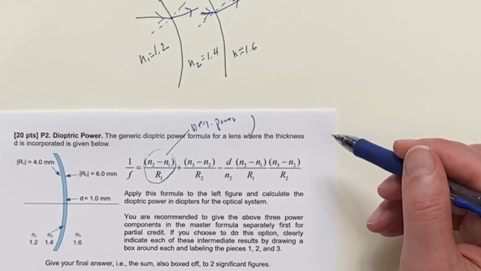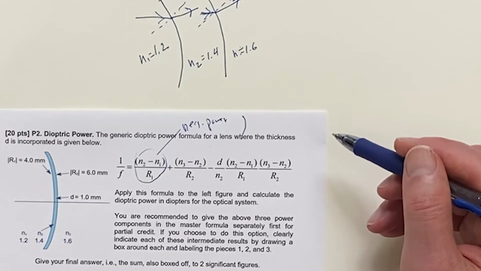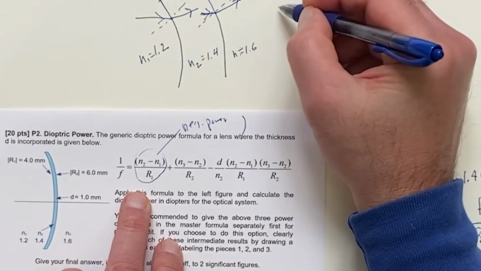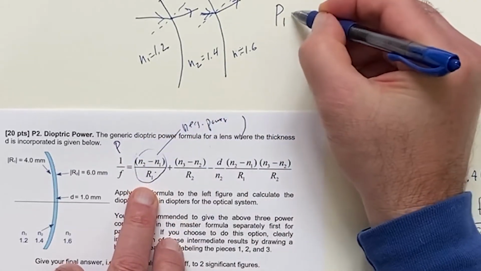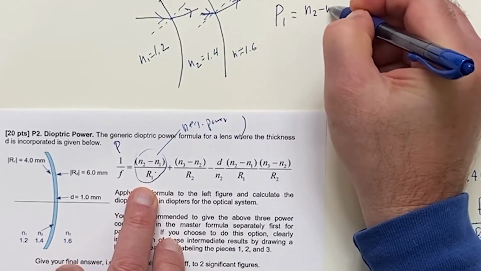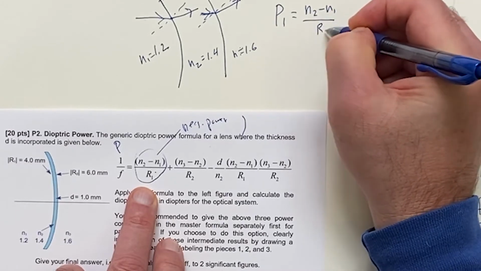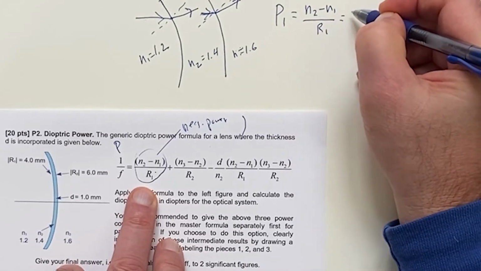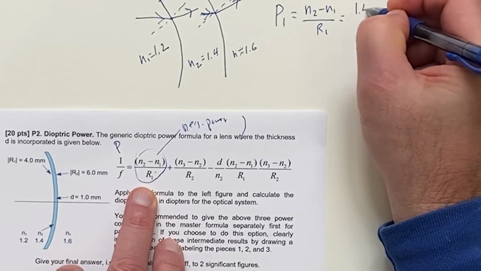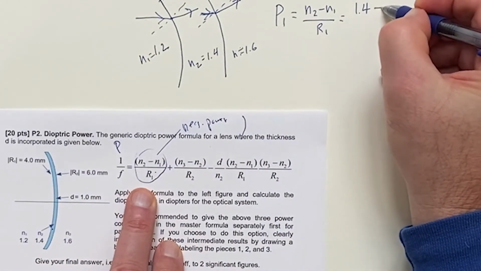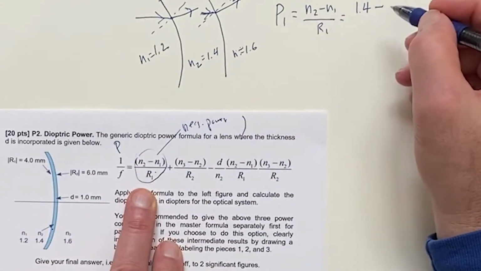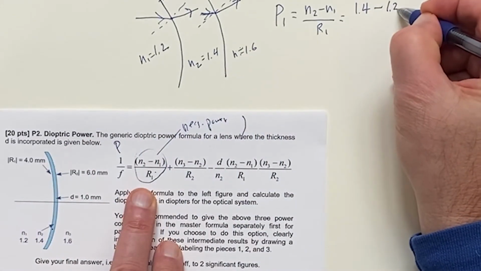So put in the numbers, and it said you could get partial credit if you did them separately. So this is the total power, this is power 1, N2 minus N1 over R1. So that's going to be equal to 1.4, N2 is the one in the middle, 1.4, minus the first one, 1.2.